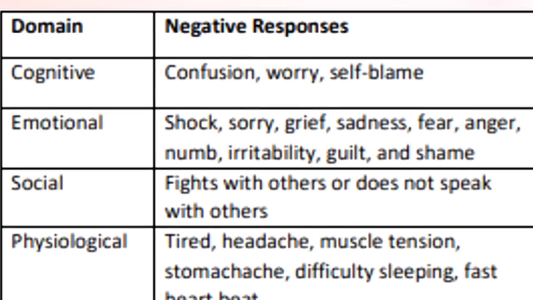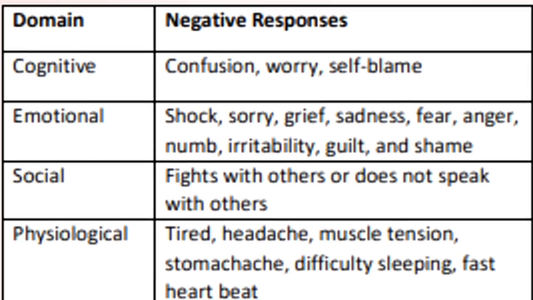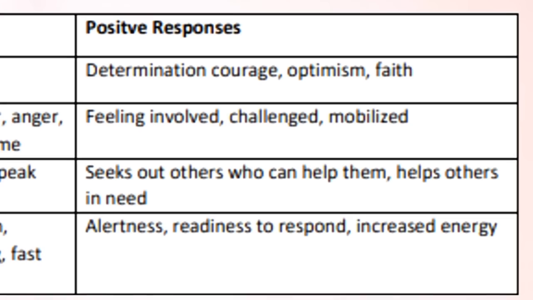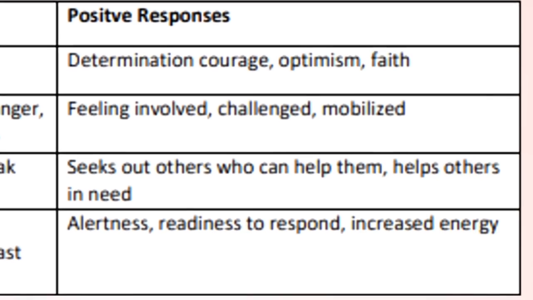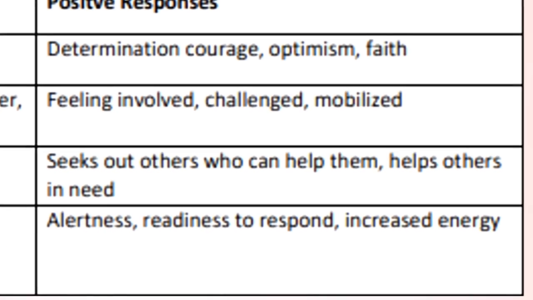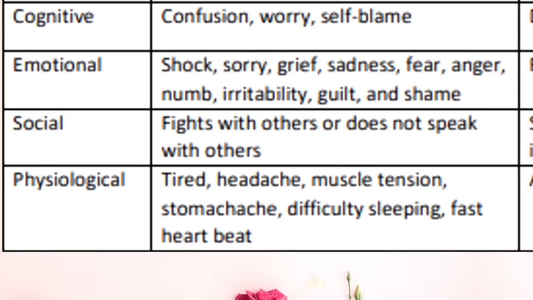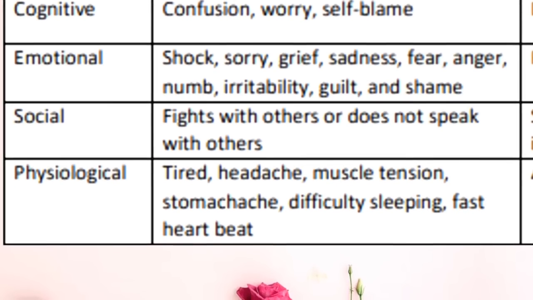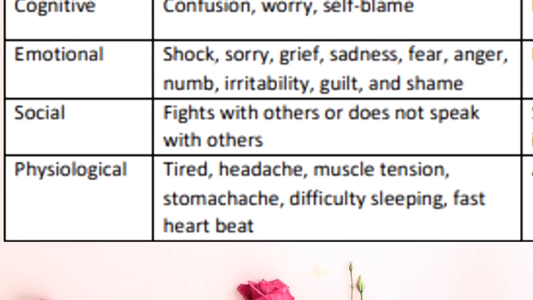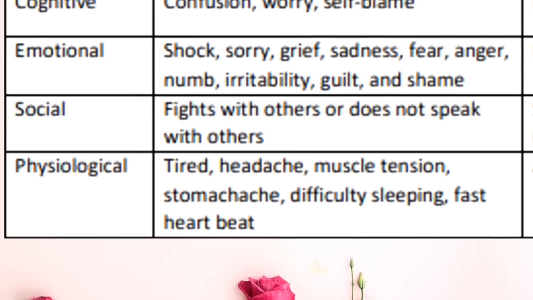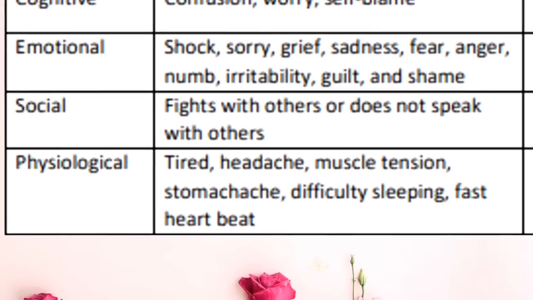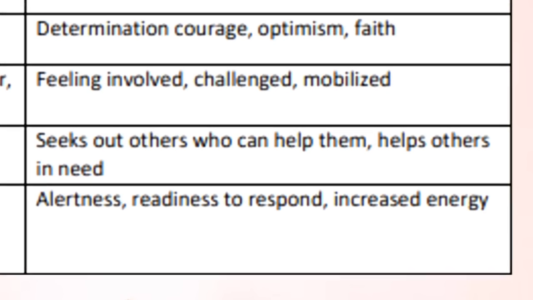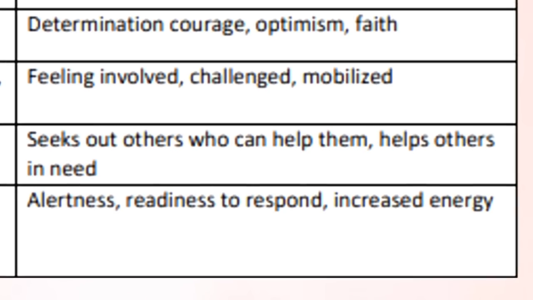For the social negative response: fighting with others or not speaking with others. For the positive social response: seeking out others who can help them and helping others in need. For the physiological negative response, we feel tired, headache, muscle tension, stomach ache, difficulty in sleeping, and fast heartbeat. For the positive physiological response: alertness, readiness to respond, and increase in energy.